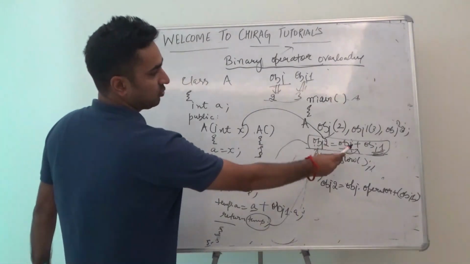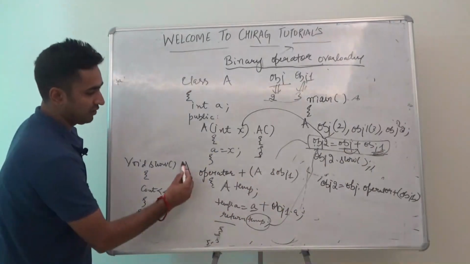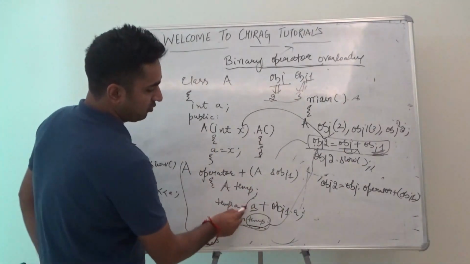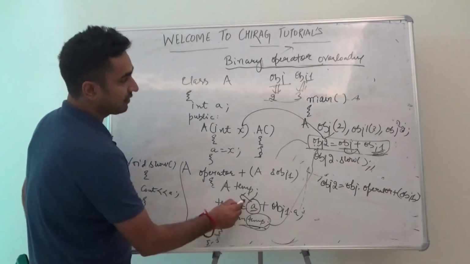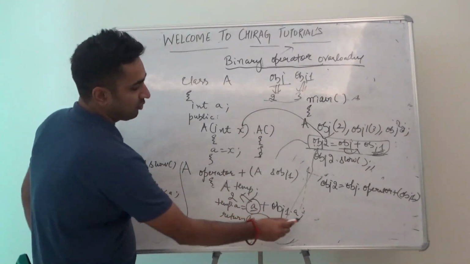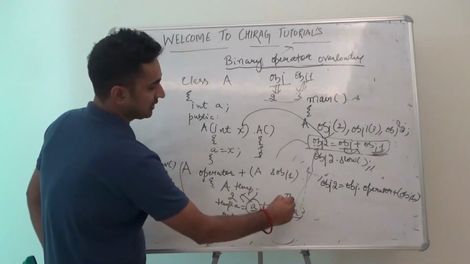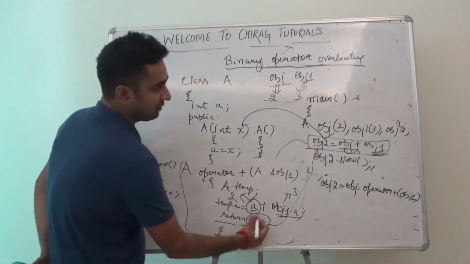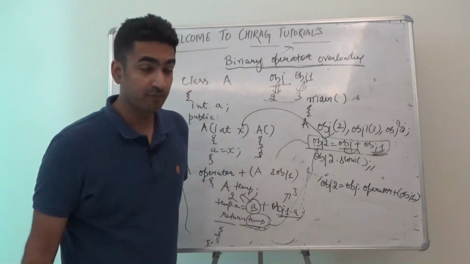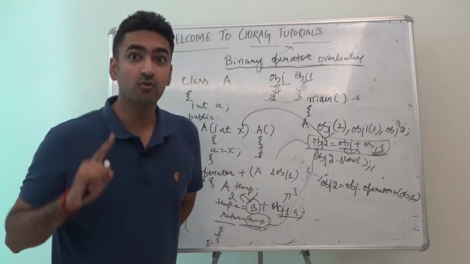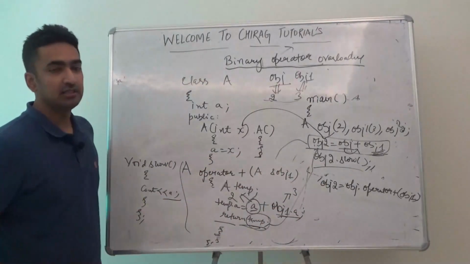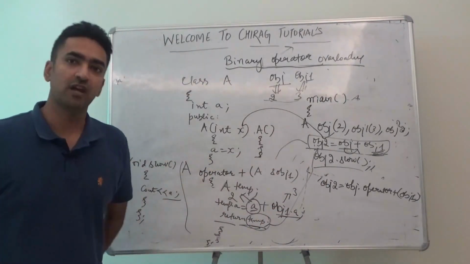Then obj2 is equal to obj plus obj1. We go over here in this function. The temporary value is returned, which is the value of a for obj. For obj the value was 2. For obj1 dot a the value was 3. 2 plus 3 is 5. So the temporary variable gets returned to obj2, and for obj2 the value of a becomes 5, and we are writing obj2 dot show. This show function gets called, the answer 5 comes.